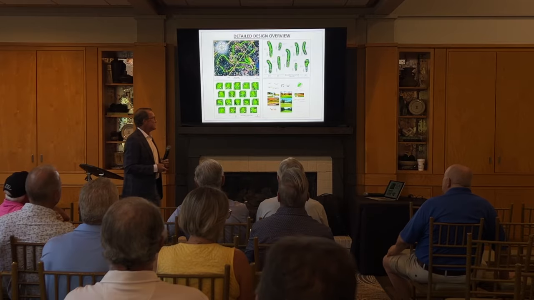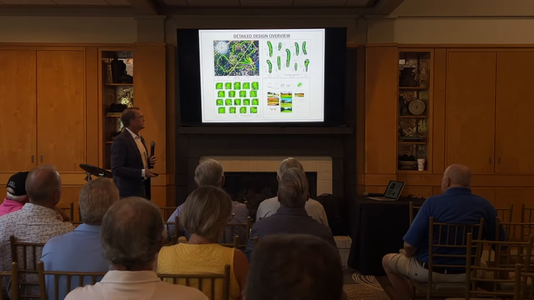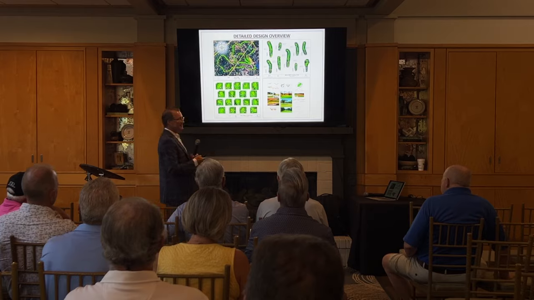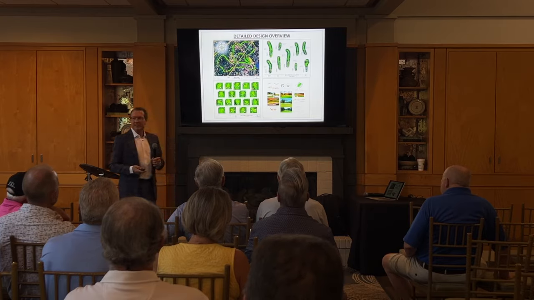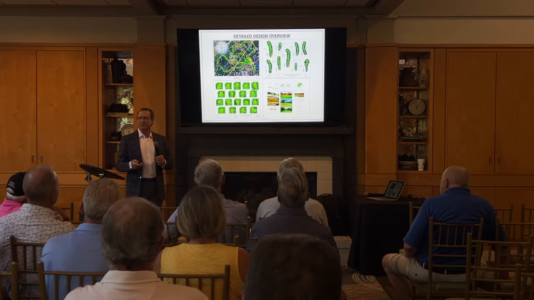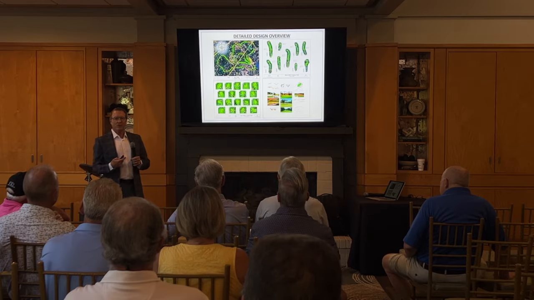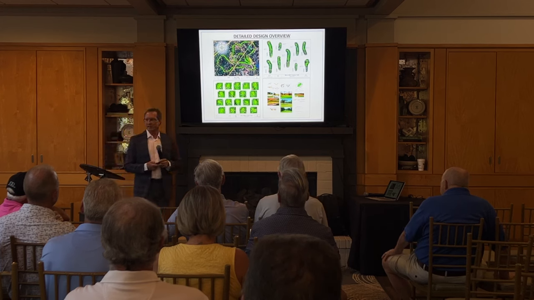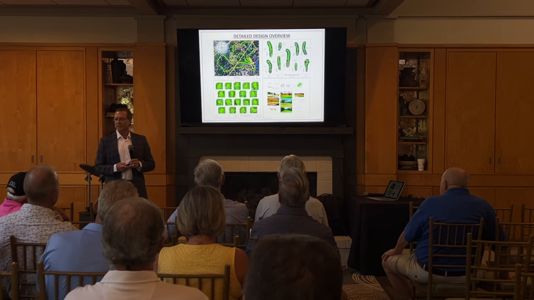So once again, you probably have seen most of the plans. Just put them up here for you. We've gone hole by hole, identified exactly what we're going to do, identified quantities. Those quantities really drive the budget. I provide the quantities. I've given it to a very qualified golf course construction company to price.